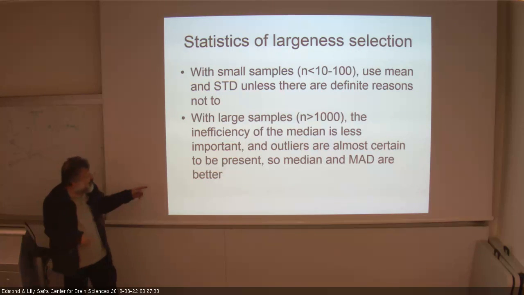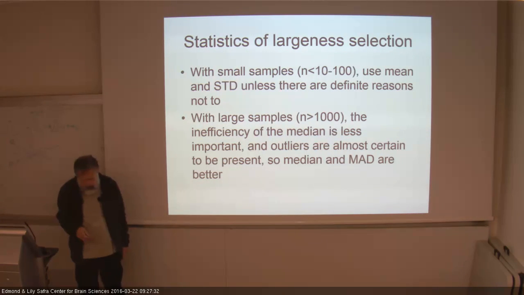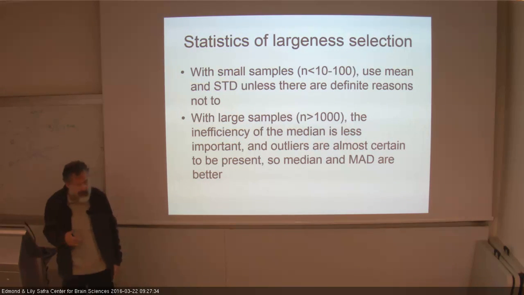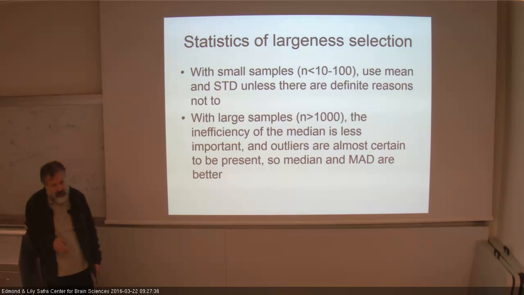With very large samples, the inefficiency of the median even under the Gaussian assumption is much less important because your estimates are going to be very close to zero. So the fact that they are 14% away on average doesn't make much difference.